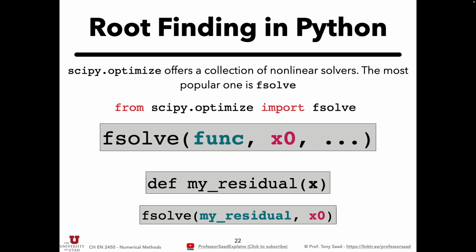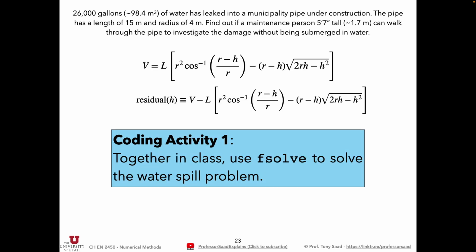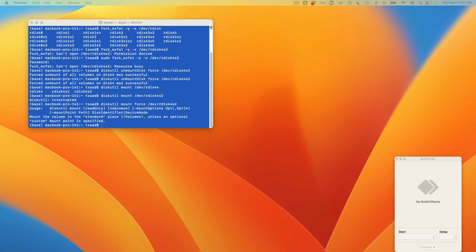Okay, so grab your Jupyter notebooks, and let's solve this pipe problem by hand in Python, and think about what we're going to do with the initial guess. While you get your Jupyter notebooks up and running, I'll move the slides to the other window.